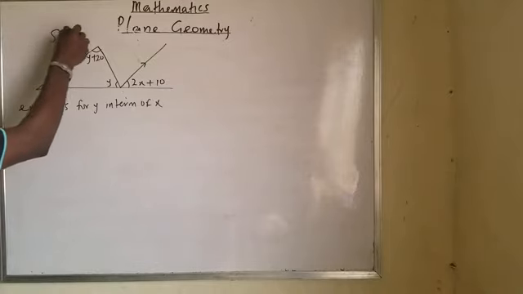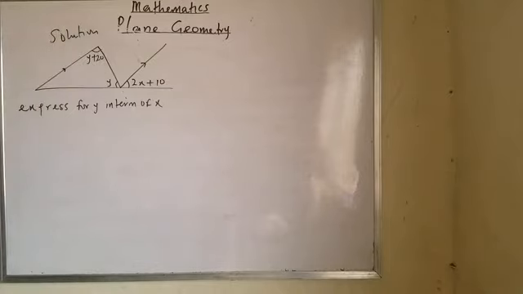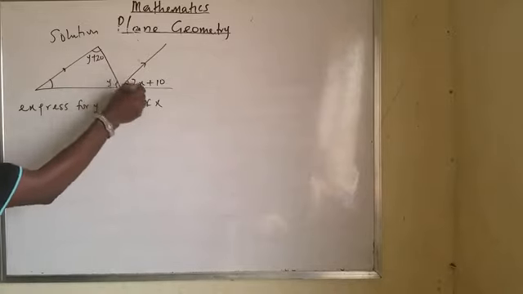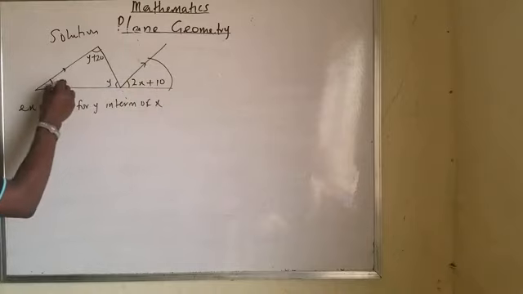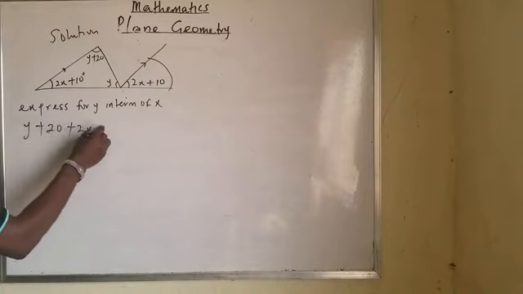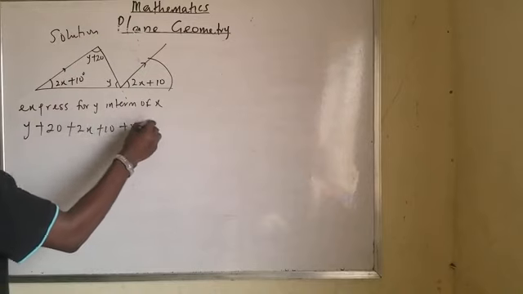Now, the first thing I will do, I think with this line to be parallel, it means here is also equal to what is here. Now, it means 2x plus 10 are equal. Since I have that, y plus 20 plus 2x plus 10 plus y equals 180.